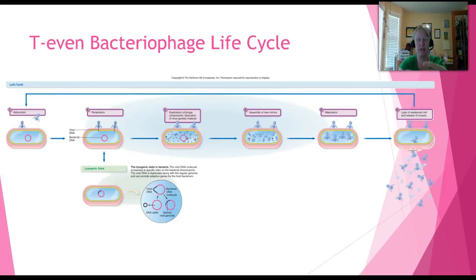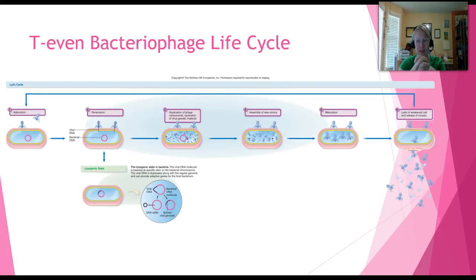New proteins and new copies of the viral genetic information are made and reassembled within the cell, and then lysis of the cell occurs, and the bacteriophages escape from this cell to go on and infect more bacteria. It's really similar to what we've been talking about with the steps of the lytic cycle.